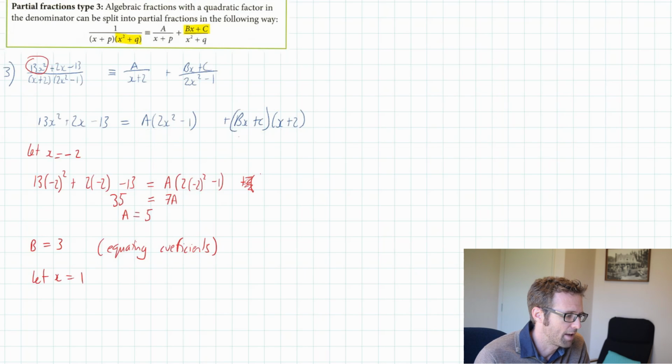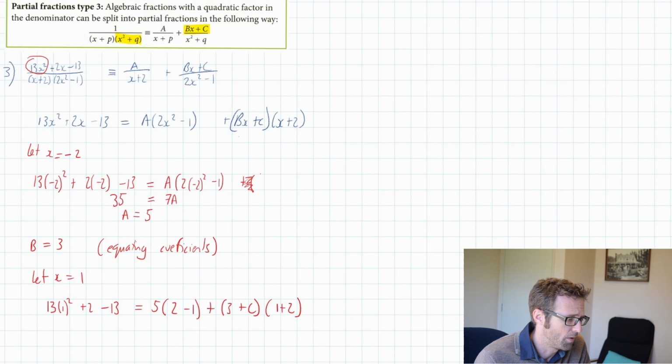On my left-hand side, I'm going to have 13 into 1 squared, plus 2 times 1, which is 2, minus 13, equals, now I know a is 5, so 5 times 2 times 1 squared minus 1, plus, now we said b is 3, so 3 times 1, and we have c, into 1 plus 2.